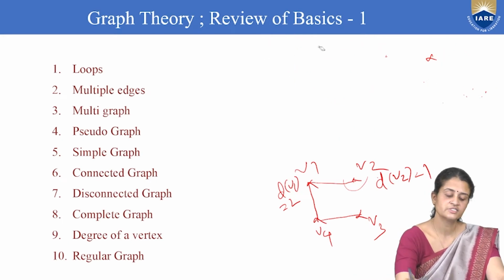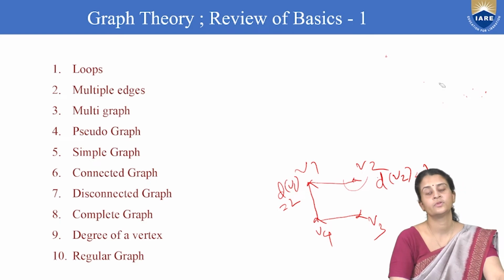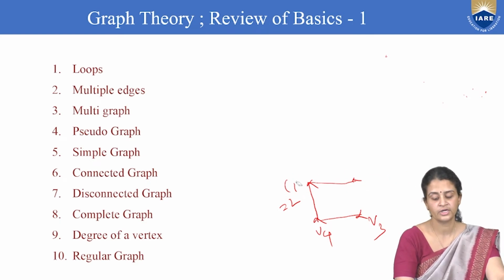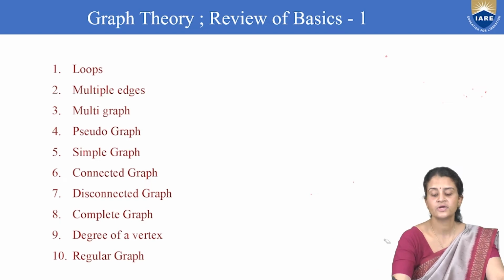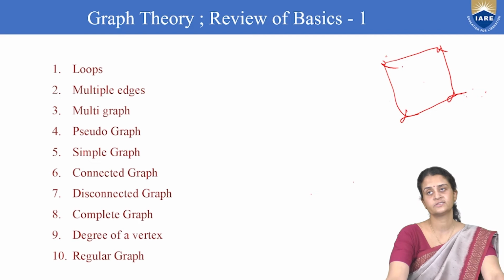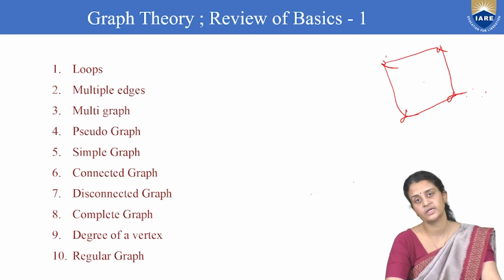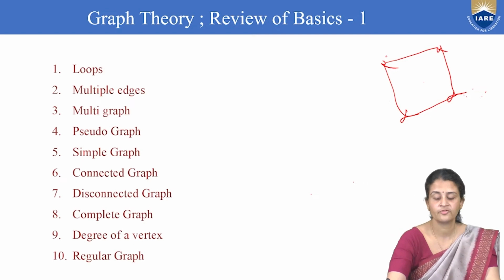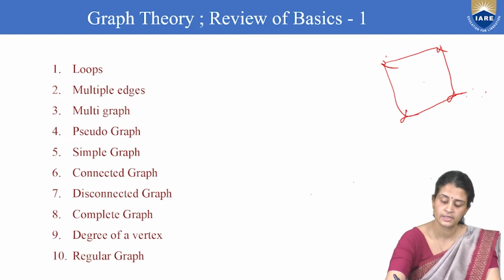Then we will see what a regular graph is. A graph is said to be regular if every vertex is of the same degree. If it is a graph with 4 vertices, here every vertex is of degree 2. It is termed a regular graph if every vertex is of the same degree.